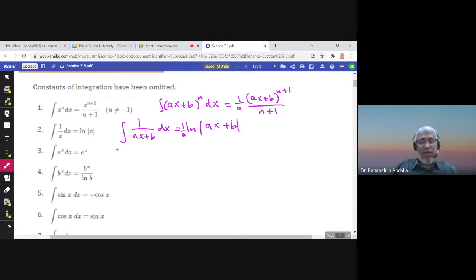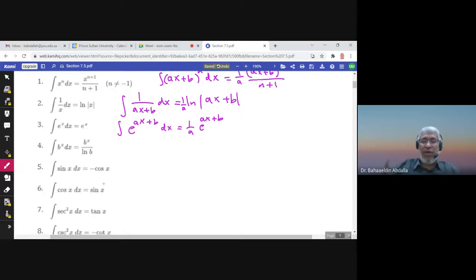Here, for example, integral of e^x is e^x, so integral of e to the power ax plus b dx would be e to the power ax plus b, but divided by a.